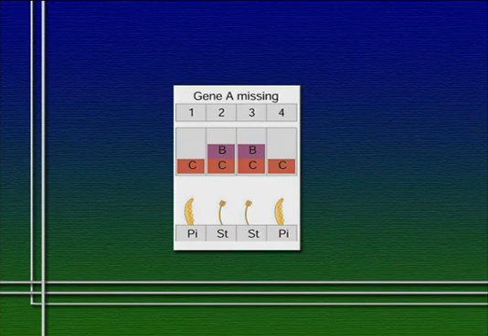What that means is that because gene C is produced in the outermost ring and in the innermost ring, and because gene C is responsible for the production of carpels, also known as pistils, then we would have these carpels on the outermost ring and the innermost ring, and now in the 2 middle rings we would only have the production of stamens, because we now only have the expression of gene B and gene C.